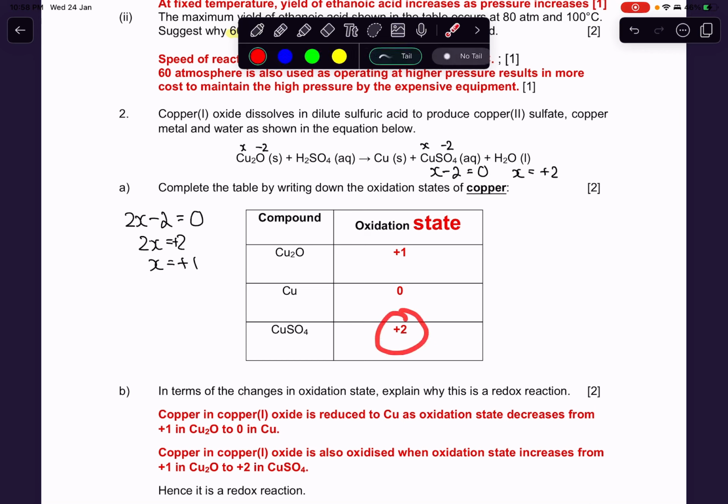So this is the answer. Alternatively, you already know the name, copper 1 oxide, so you can straight away take the OS as +1. The Roman numeral always corresponds to the oxidation state, and you know that metals will always lose electrons to form cations because they have 1 to 3 valence electrons. In this case, copper will lose 1 electron, so the OS is +1.